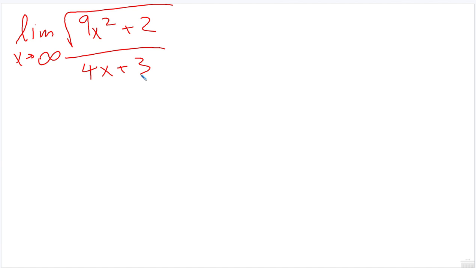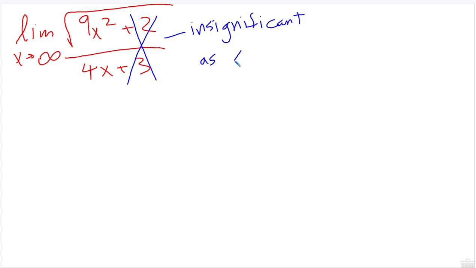I think about, as x goes towards infinity, 9x squared is so significantly large by comparison to 2, just like 4x is significantly large in comparison to the 3, that I can think of these as becoming insignificant as x goes towards infinity. These are insignificant as x approaches infinity, or as x approaches negative infinity for that matter, when we look at it from the other side.